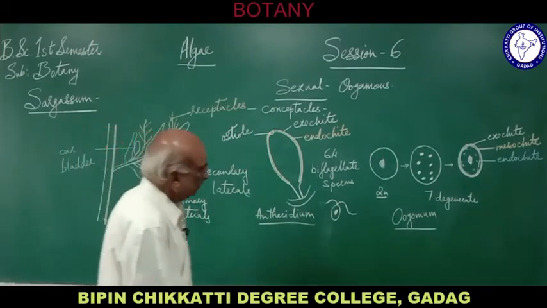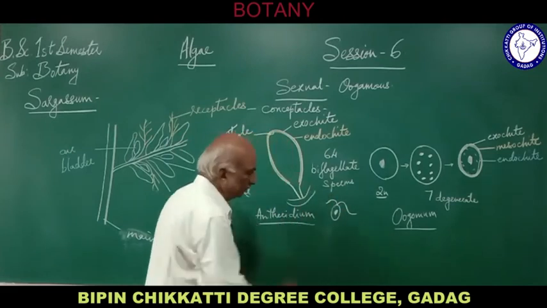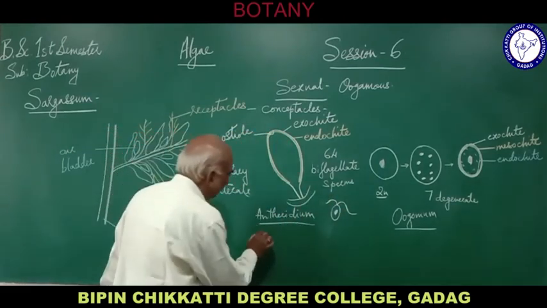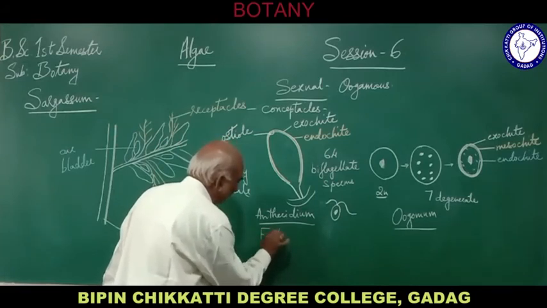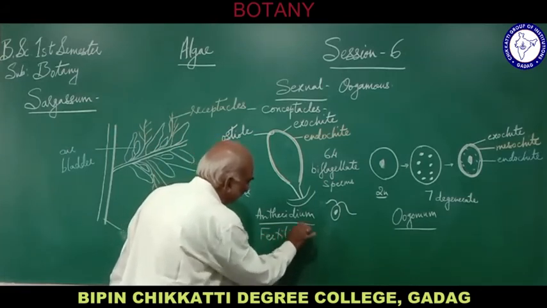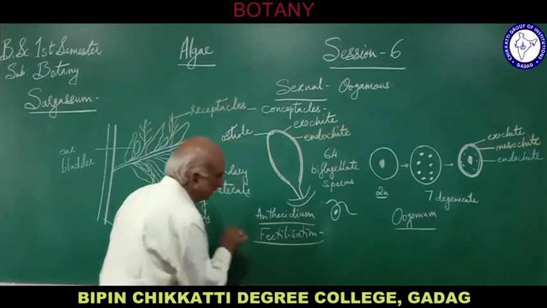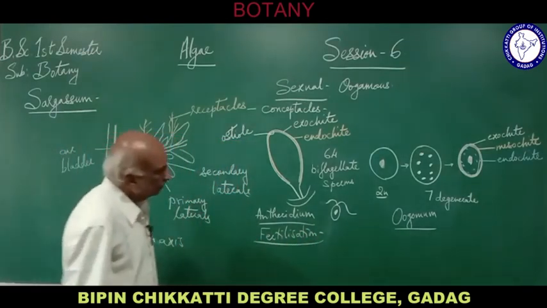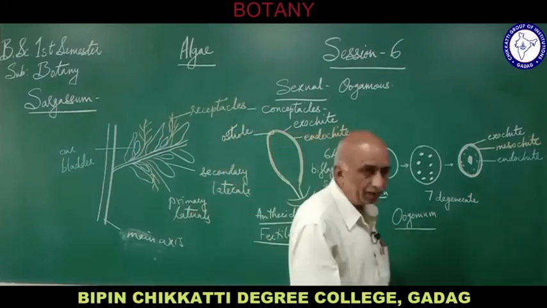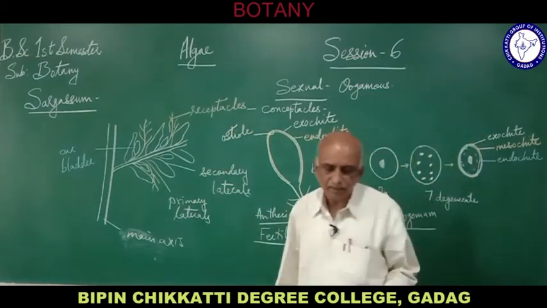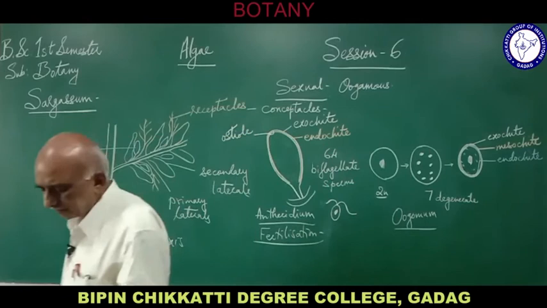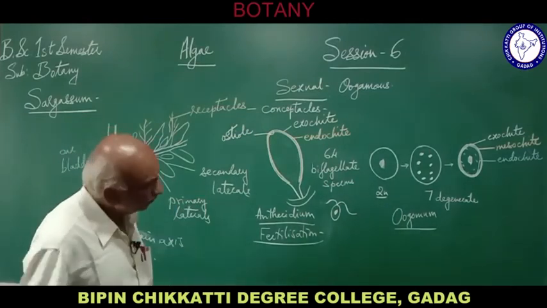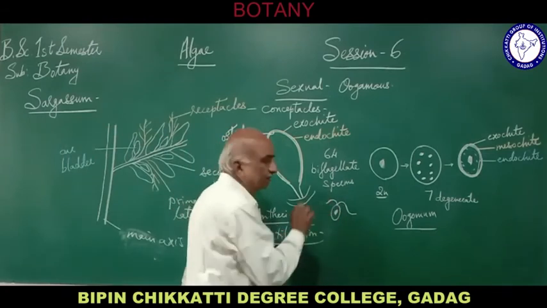Now the sperms which are released, if you come to the fertilization. So in fertilization, the sperms are released from the antheridium, and when the sperms are released, they move towards the oogonium, and a large number of sperms become attached to the wall of the oogonium by the help of the flagella.